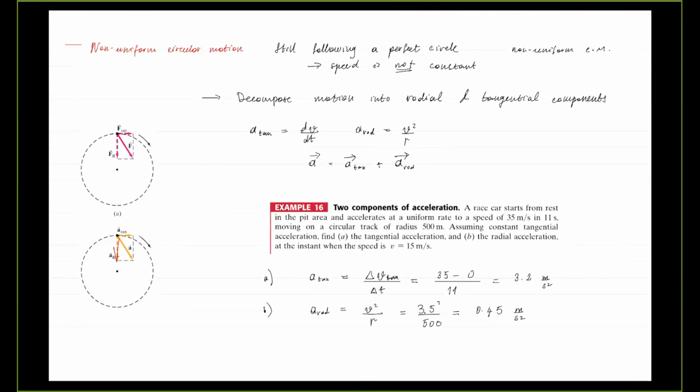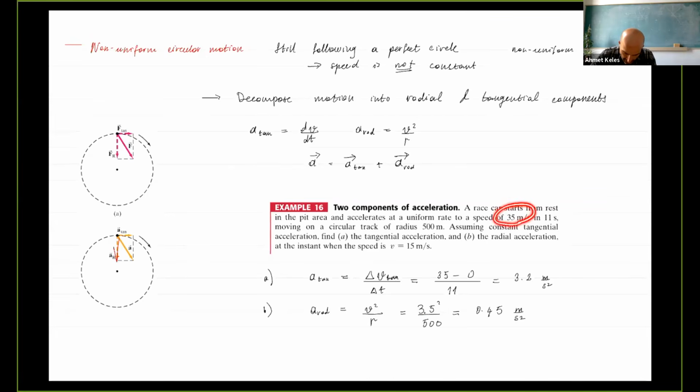The book did it that way. Oh, yes, it's asking for the 15. Sorry, I mixed up. This says 35, but actually the question is asking for the moment when it was 15. Yes, thank you. So let me take this back. Then I multiply these numbers and I found this. Is that clear?